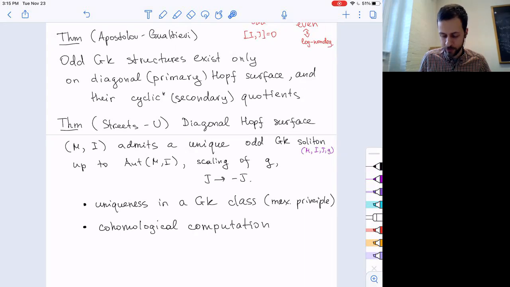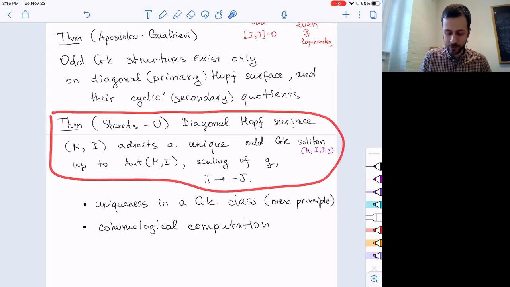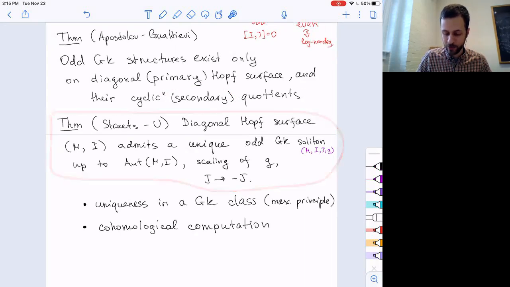To complete the case of odd structures, you also need to address secondary quotients. We didn't do it in our paper. So to clean things up, we added this statement in the paper which I'm now discussing, the one with Vesti and Jeff. So that's about odd structures.